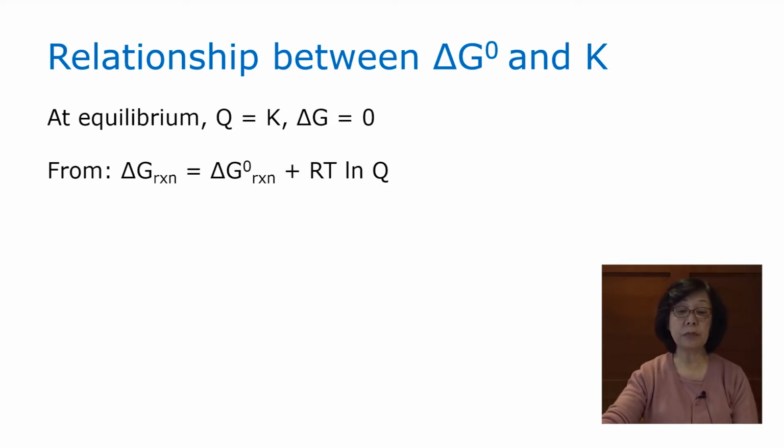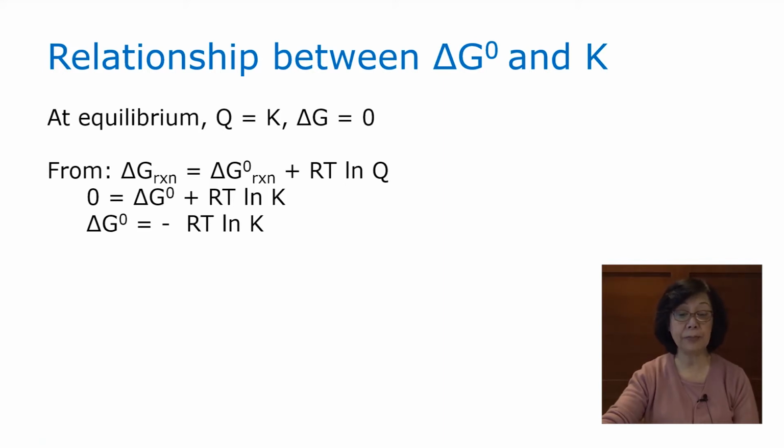So ΔG of the reaction is equal to ΔG0 plus RT natural log of Q. So now we can derive a new equation: ΔG0 is minus RT natural log of K, or natural log of K is negative ΔG0 over RT, or K is equal to e raised to the power of negative ΔG0 over RT. You may want to pause the video for a moment to understand the derivation of the formula.